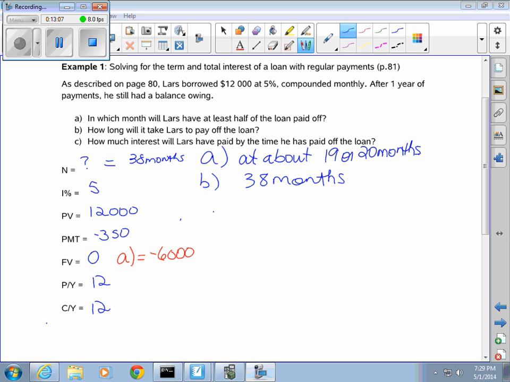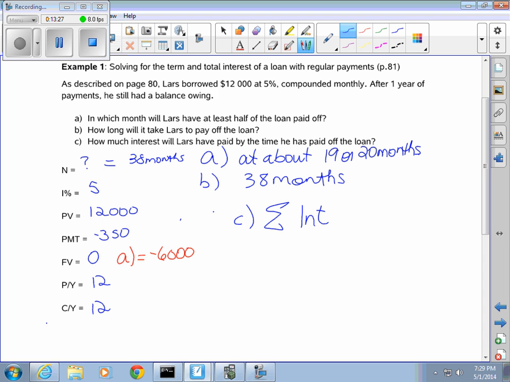Okay, so to calculate how much interest has been paid by the time the loan is paid off, without doing the table like we had on the other example, on your graphing calculators you can easily find it by using the sum interest function.